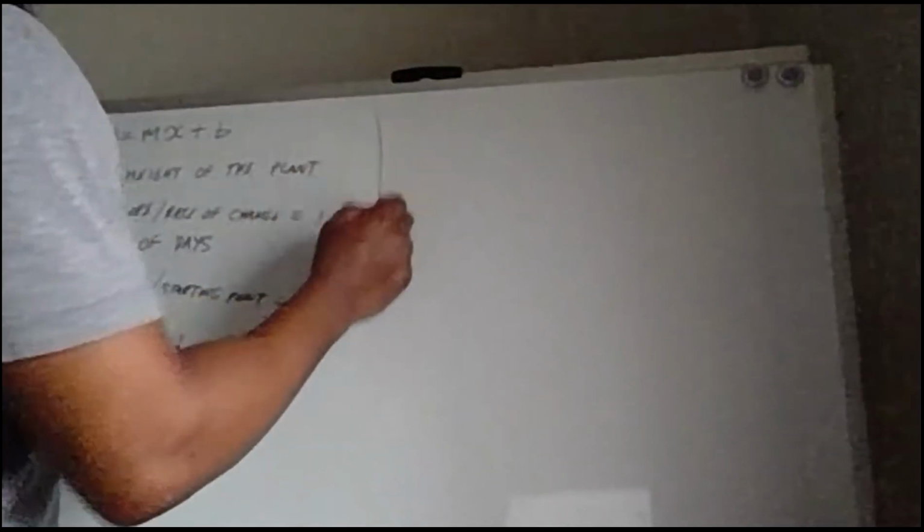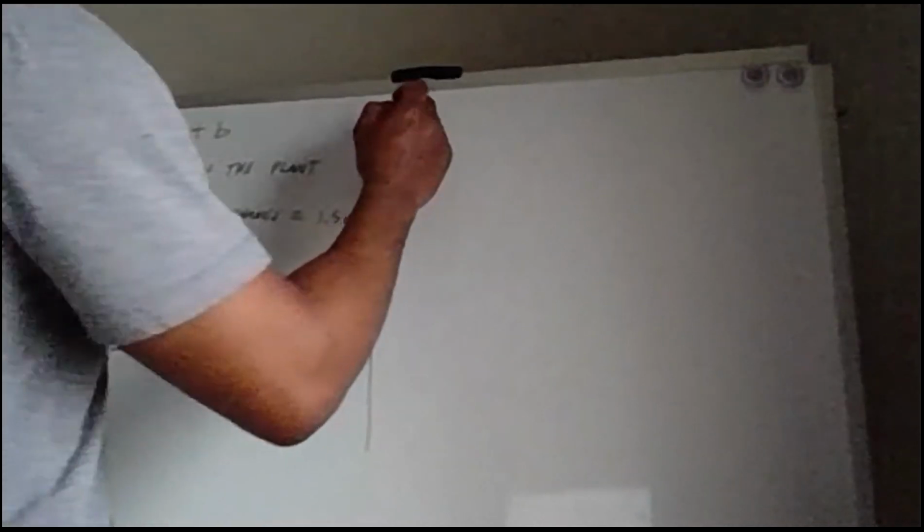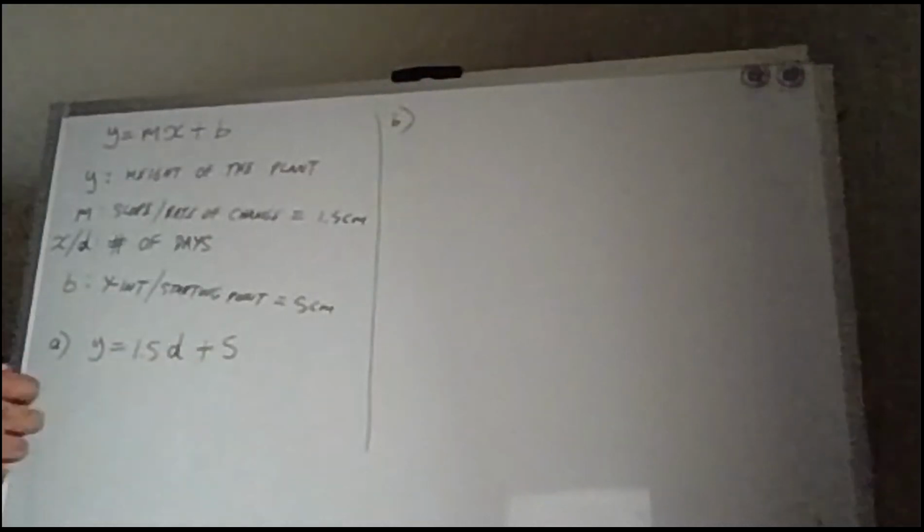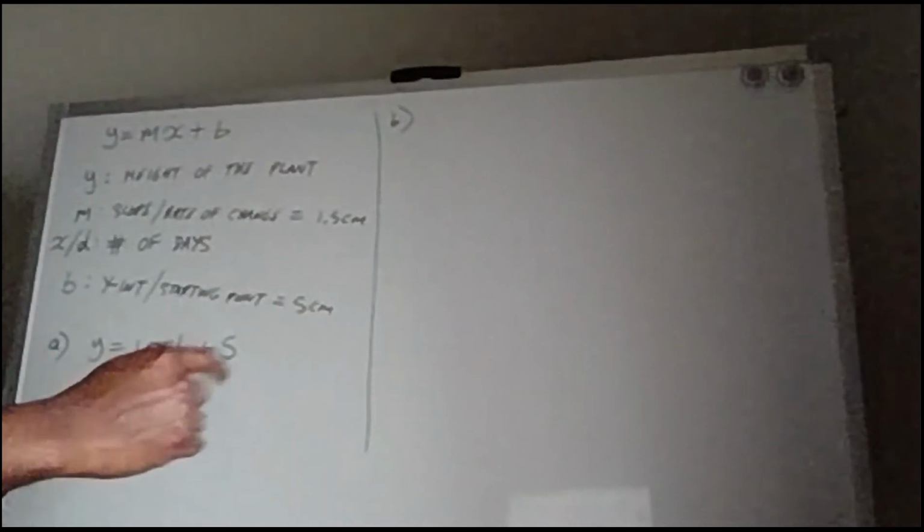All right, good. Now let us solve part B. Part B says, what will the height of the plant be after 20 days? So we know that d represents the number of days, so all we're going to do is replace d with 20.